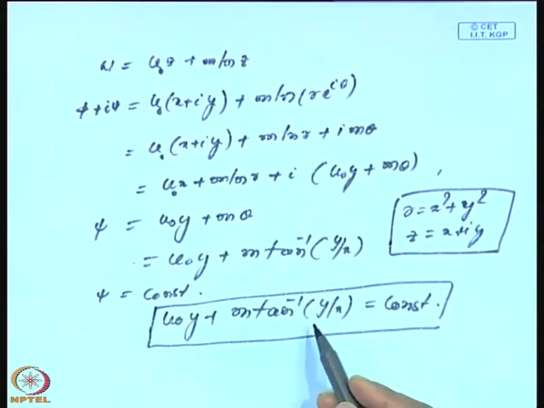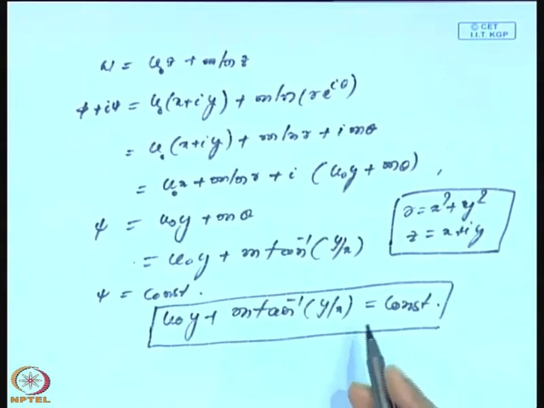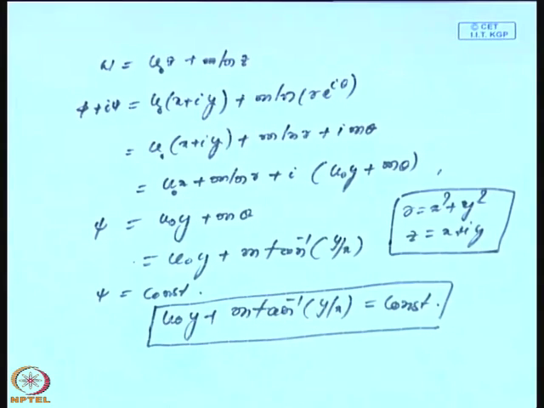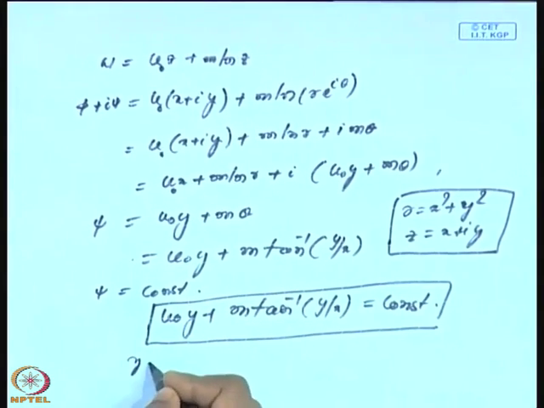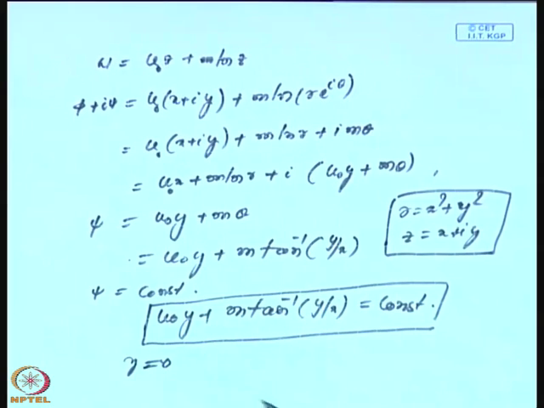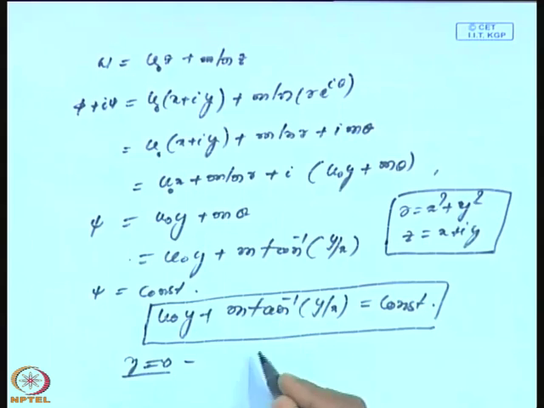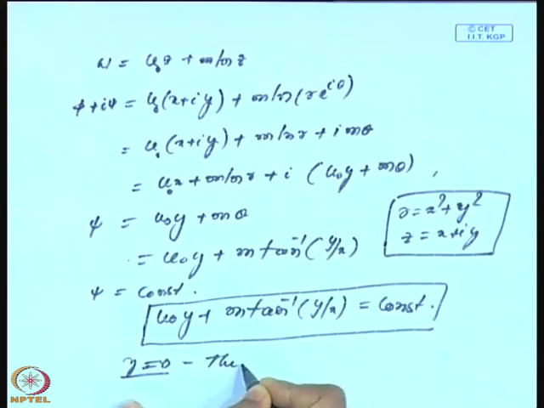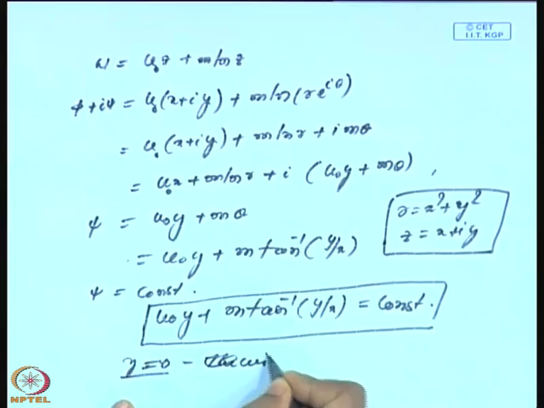And we can see what will happen when we put y is equal to 0. If we take y is equal to 0, then that itself will give us a constant. That means y is equal to 0 is the x axis, and no flow will be crossing the x axis, so y is equal to 0 is a streamline.